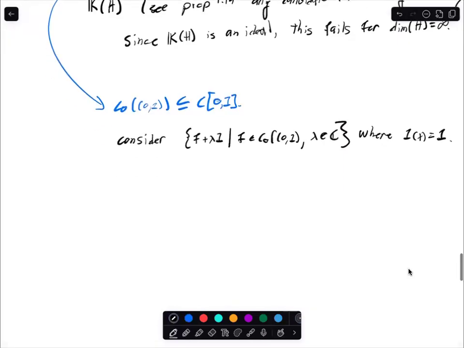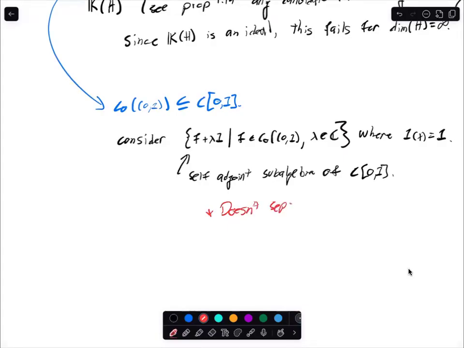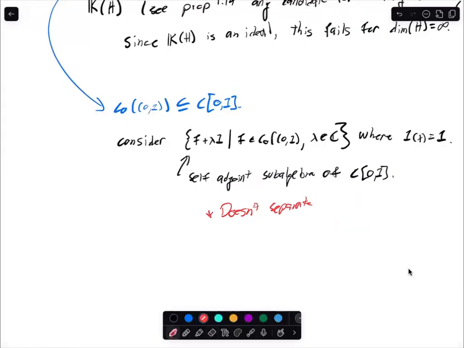So you can look at this. This is a self-adjoint subalgebra of the continuous functions on the closed interval from 0 to 1, but it doesn't separate points. Namely, let's be a little bit more particular, it doesn't separate 0 from 1.